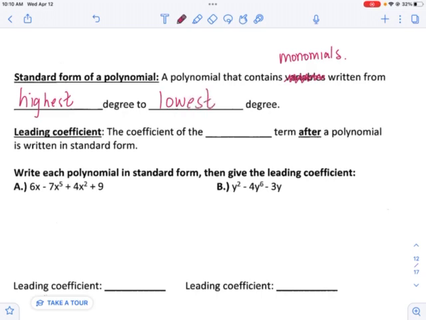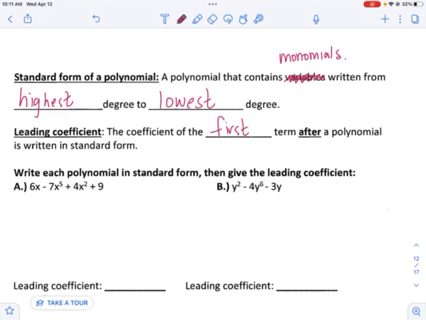Okay. And then the leading coefficient is the coefficient of the first term after a polynomial is written in standard form. So these two go hand in hand. First, we have to write the polynomial in standard form, and then we can identify the leading coefficient.